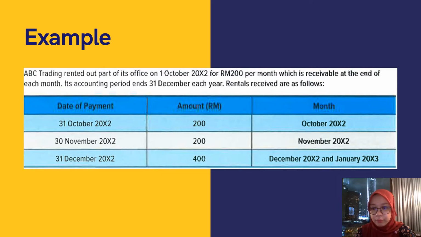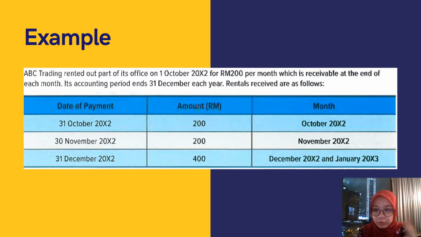So we have to prepare our financial statement up until December 20x2. Therefore we have a 1 month unearned rental income for January 20x3. The total payment received for our income is 800 ringgit, 200 and 200, and then 400. But we have to recognize only the income for the year 20x2, which is 600 ringgit for October, November and December.